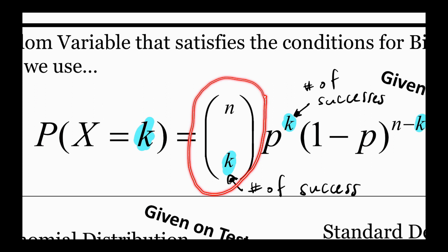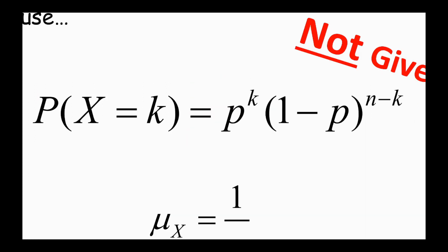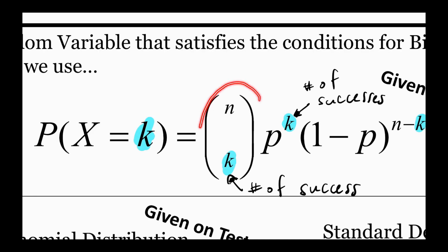This is not there here. There's a reason for that. This part was important because it told us how many ways down our tree diagram there were. This told us how many paths down our tree diagram give us the answer we want, right?